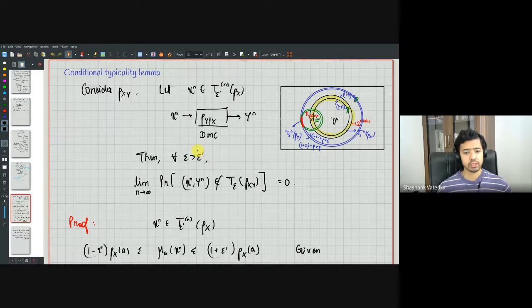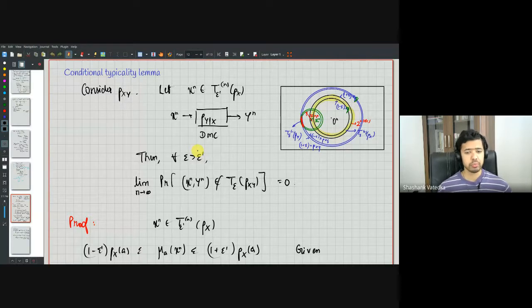Now, in this class, we'll explore what happens if you draw the sequences from a slightly different distribution. So maybe you look at the typical set corresponding to a particular pxy. Let us say that I draw a sequence xn, yn, not from pxy, but instead maybe qxy. What is the probability that the sequence will be typical?